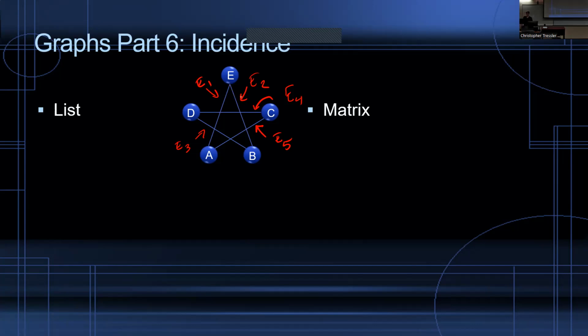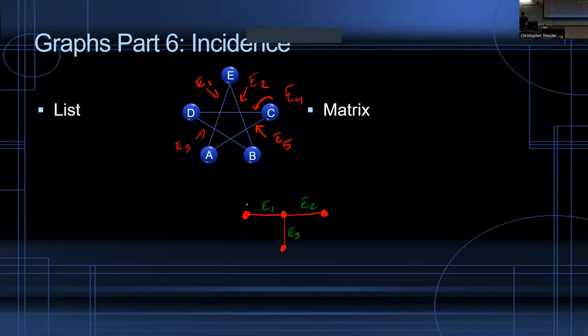Let's see. So let's say we have this, this, this, and this. Okay, that's pretty simple, right? So let's say edge 1, edge 2, edge 3.